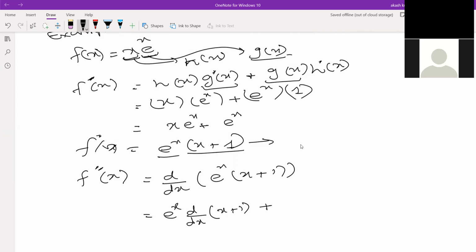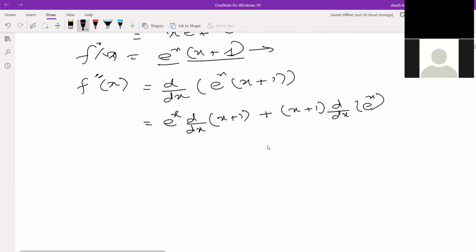So now, which one will we put? We will put x plus 1, right? Now I have to keep x plus 1 as it is, and then the derivative of e^x. So e^x will be the same as it is.